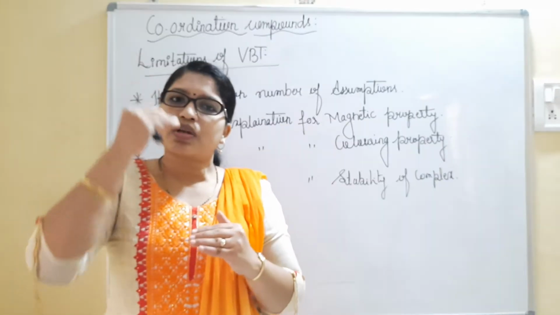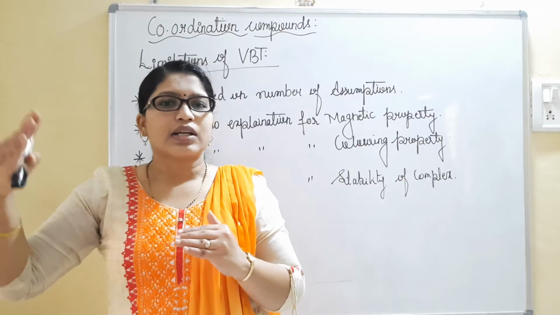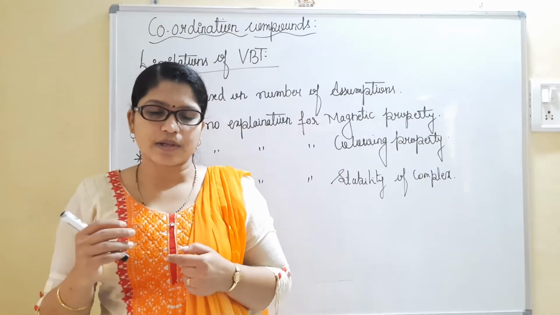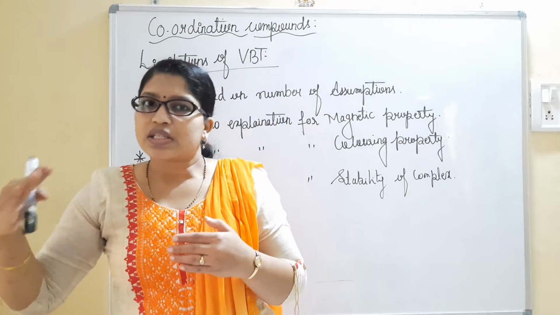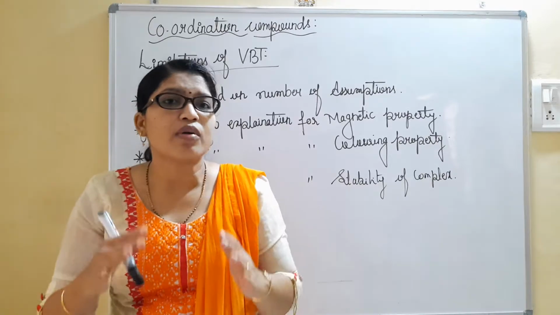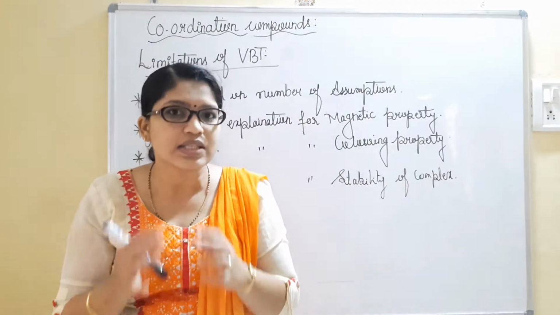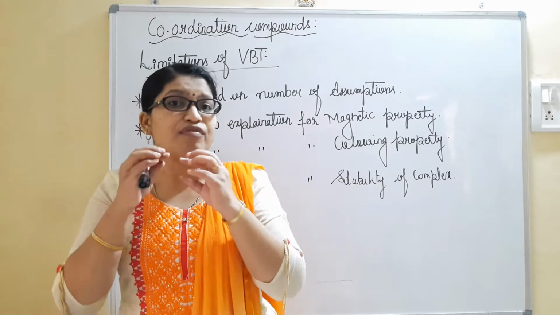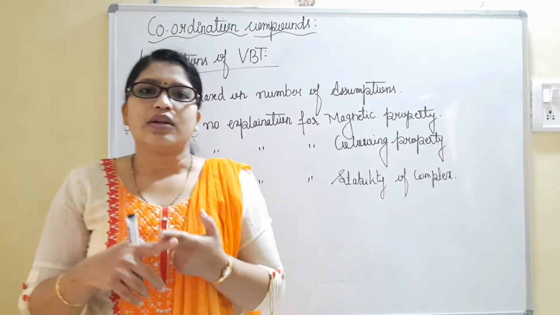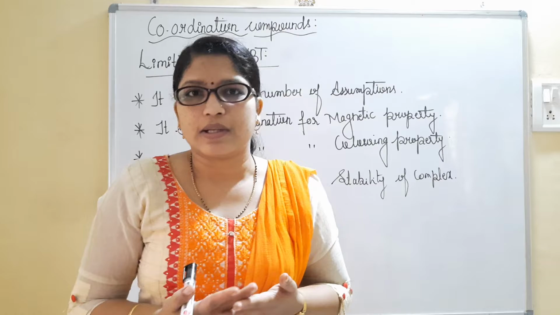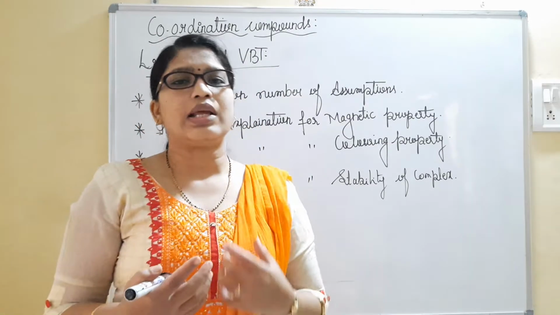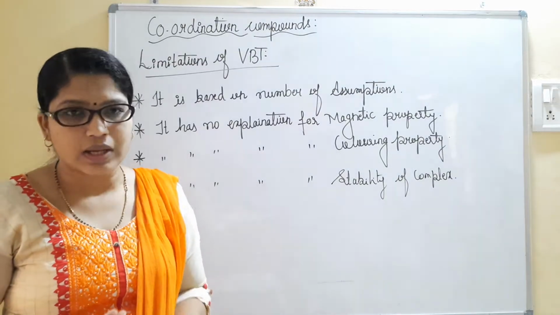While coming back, they release the energy which was absorbed while going to the excited state. That energy released is seen in the form of color in the visible range. That is the main reason why these exhibit colors. That explanation was not clearly given by valence bond theory.